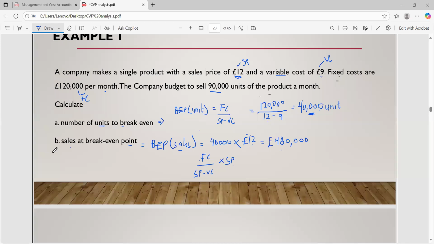How do we determine contribution ratio? We said it is the contribution over selling price times 100. Now, what is contribution? 12 minus 9 over 12 multiplied by 100. Can someone please confirm for me?